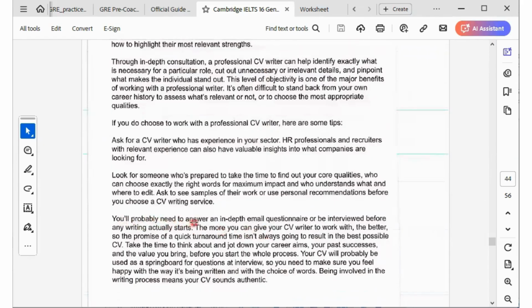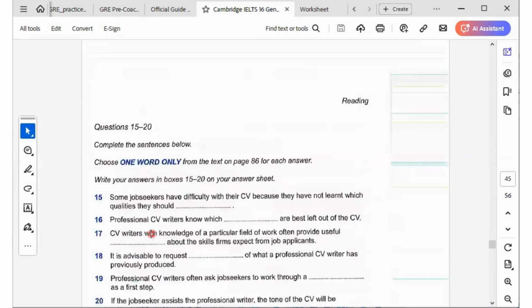You'll probably need to answer an in-depth email questionnaire, or be interviewed before any writing actually starts. So before any writing actually starts, that sounds like as a first step.